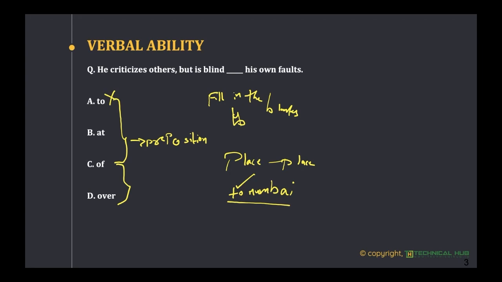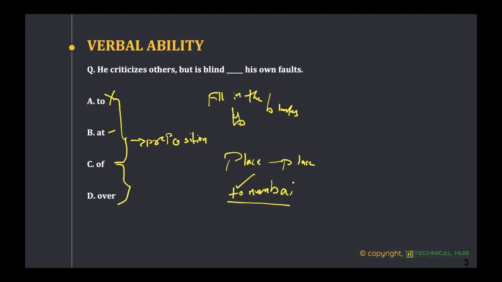At means referring to a particular person's disability, or maybe the person's ability, whatever it is. Then we use at. Now, here this could be an answer: he criticizes others, but is blind at his own faults. That means his ability we are talking about. So it could be one of the answers.